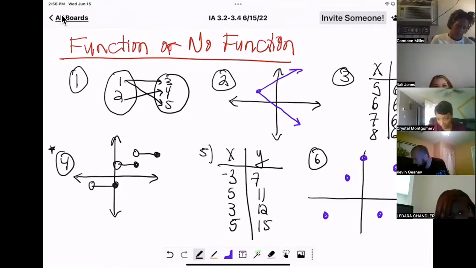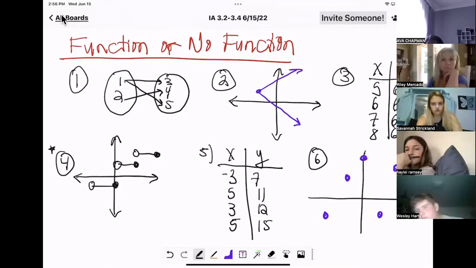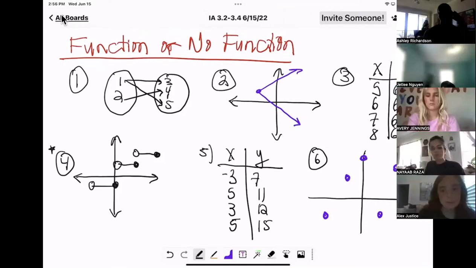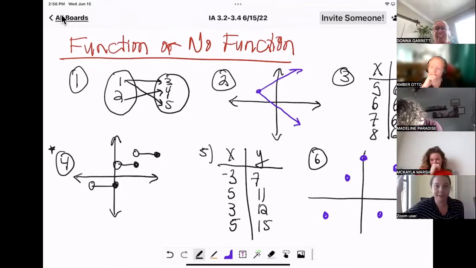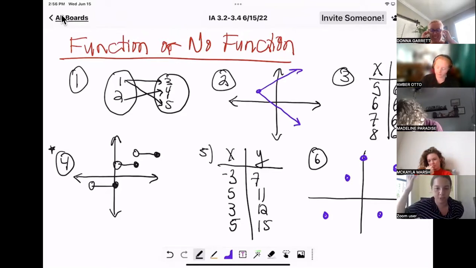I have absolutely no idea what I did because I was trying so hard to make it work. So honestly, when I saw Zoom user, I was like, I'm gonna go for it. That's fine. Okay, wait. Tell me your first name again. I'm gonna mark you here right now. Angie Leon. Got it. Yesterday I had a little bit of problems too, but it worked pretty quick from my actual account. And then all of a sudden today it was just not wanting to work with me. So I don't know what I did, but I started so many accounts and it just went through. That's fine. I just want to make sure I mark you here.